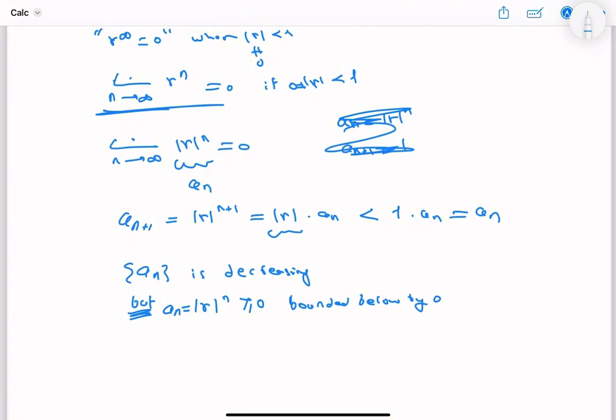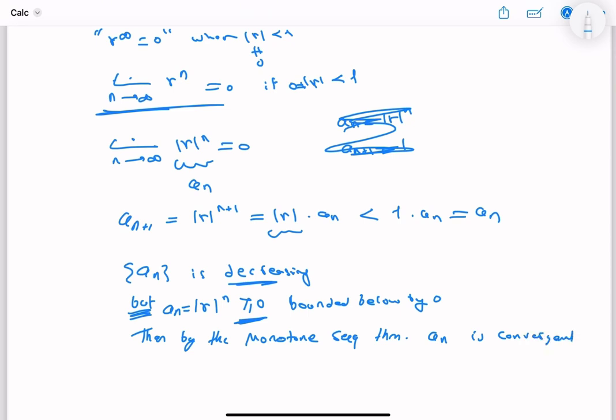So our sequence is bounded below by 0, and it's decreasing. So since it's decreasing and bounded below, then by the monotone sequence theorem that we covered in the previous video, we have that a_n is convergent.